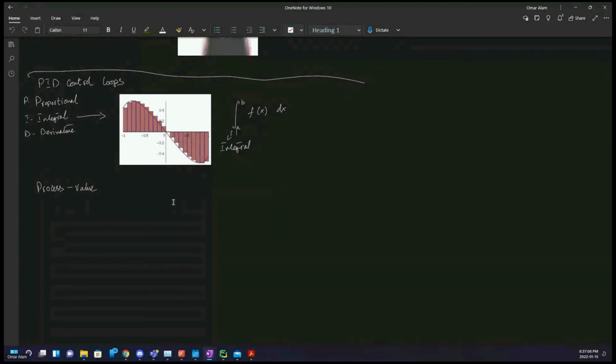The process value, which we're going to shorten to PV, is the current state of the system that you're trying to control.